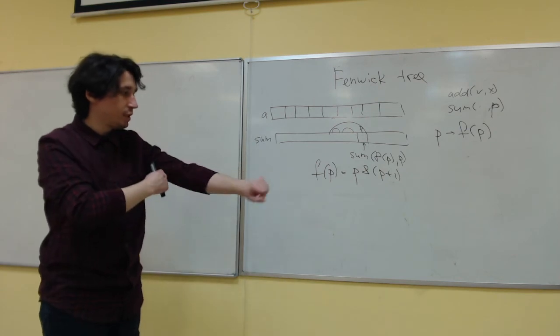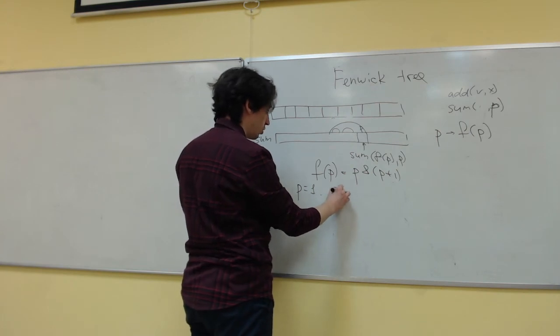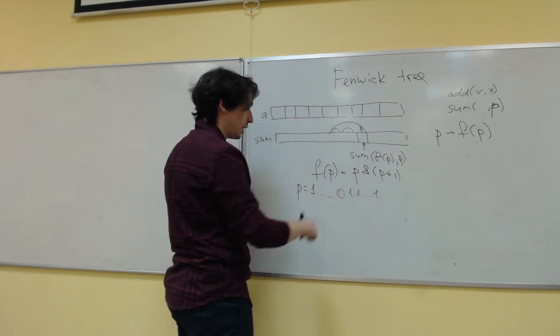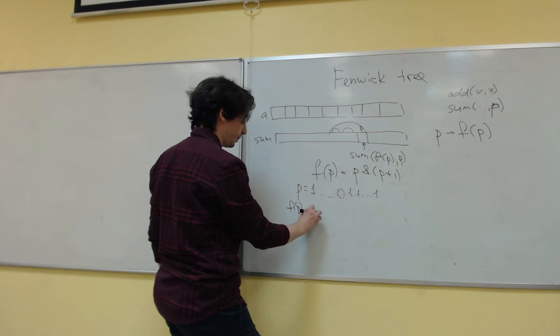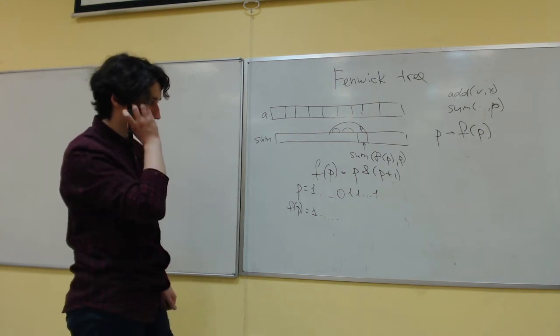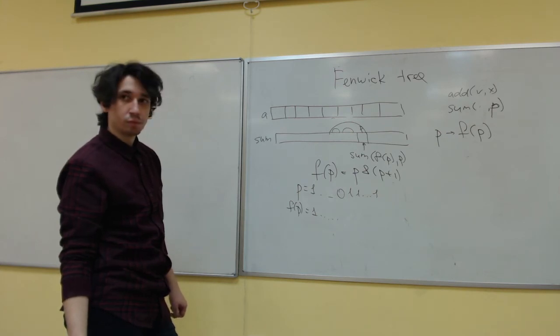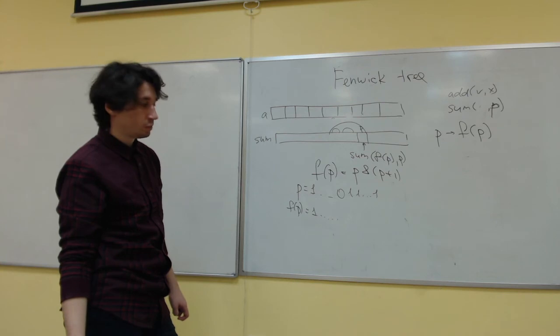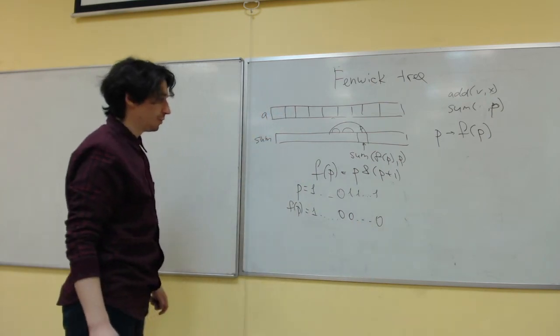Suppose that P has some binary representation with a lot of ones at the end. Then f of P will be the number with the same prefix, and where there were trailing ones, everything becomes zero.